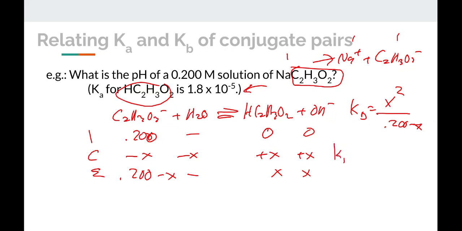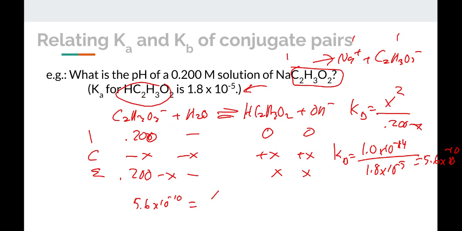Well, our Kb is going to be 1 times 10 to the negative 14th, that's Kw, divided by the Ka for the acid, which is given to us as 1.8 times 10 to the negative 5. This ends up being 5.6 times 10 to the negative 10. So 5.6 times 10 to the negative 10 is equal to x squared over 0.200, and I'm going to leave off the x because 10 to the minus 10 is very small.